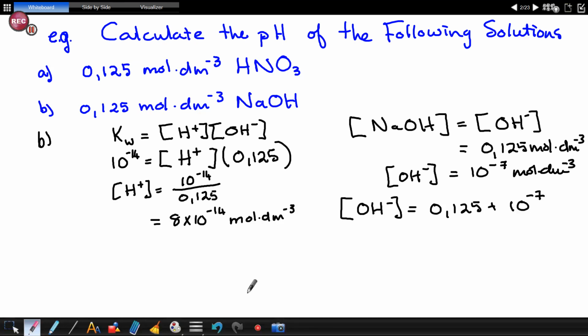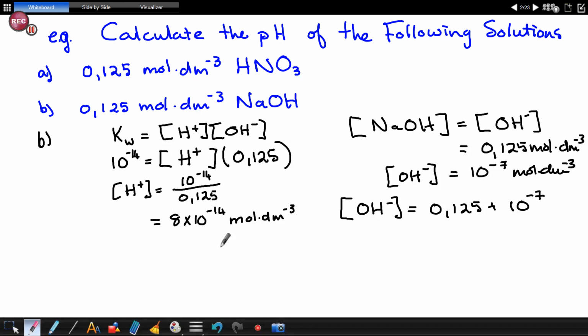Is it because sodium hydroxide is a base? Yes. If it was an acid, we wouldn't be doing all of this. The acid ones are easy because pH and the concentration of hydrogen are related. So if you're adding a base to water, the concentration changes, so you have to calculate the concentration of the hydrogen ions.